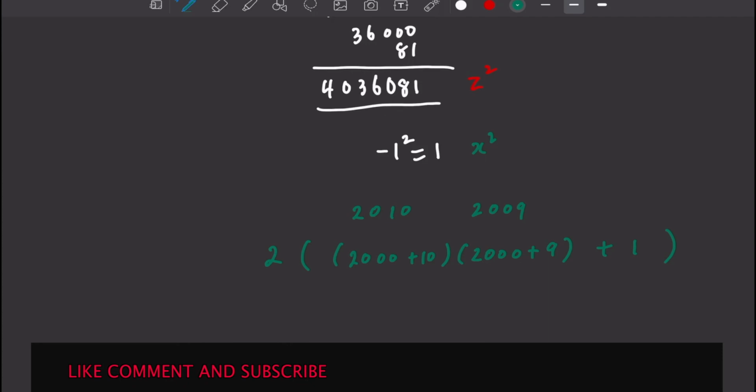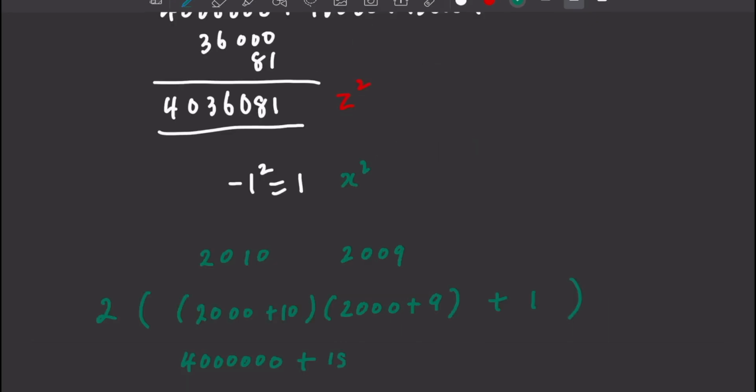So let's expand. So we get 4 million plus 18,000 plus 20,000 plus 90.